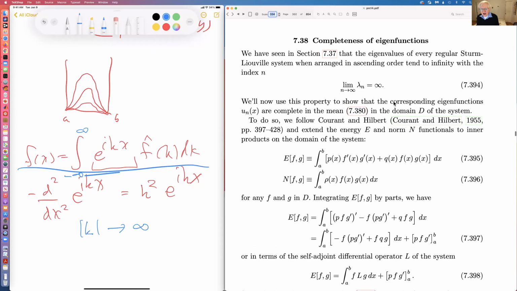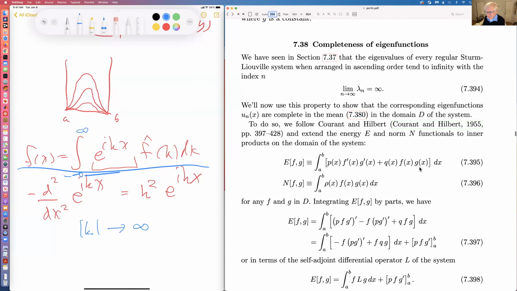All right, so what are we going to do to work this out? Well, the first thing is to define some inner products. Remember, way back in chapter 1, I emphasized inner products, and that they were important because they lie at the basis of many, many concepts.